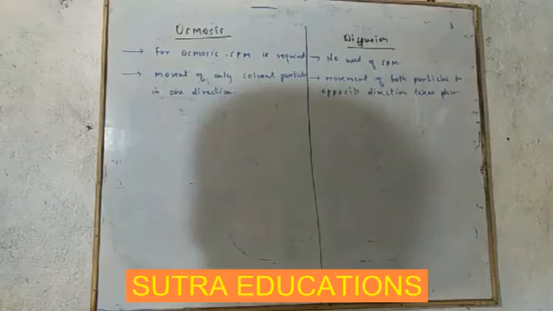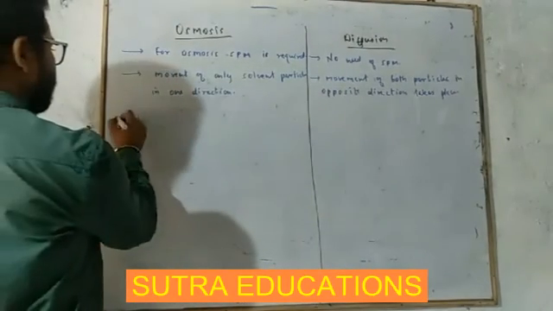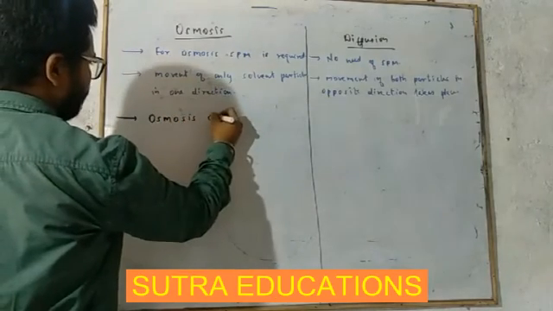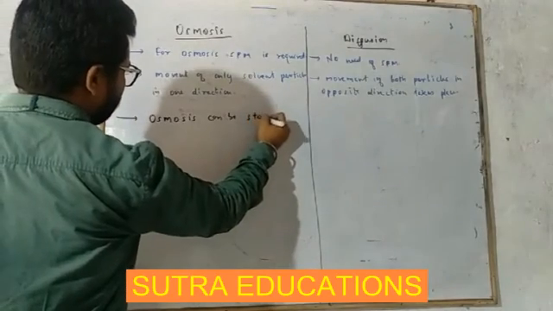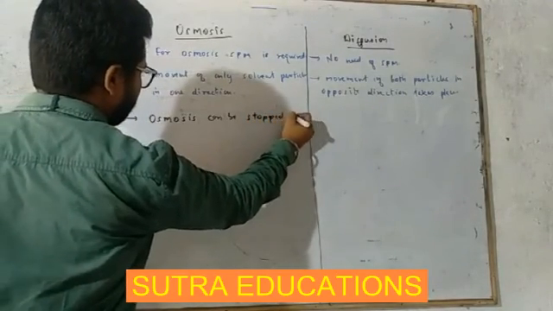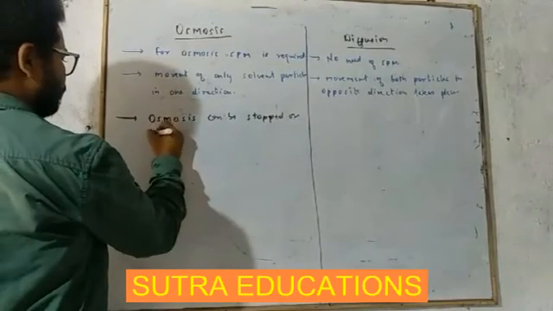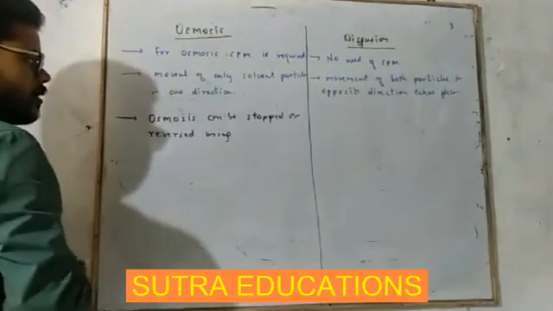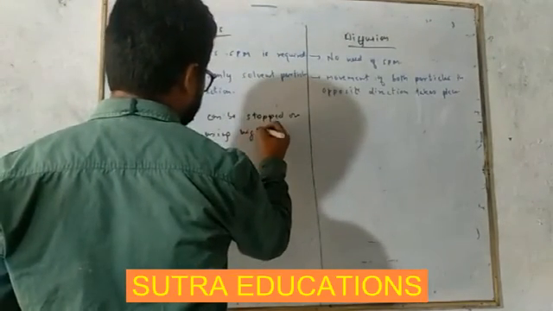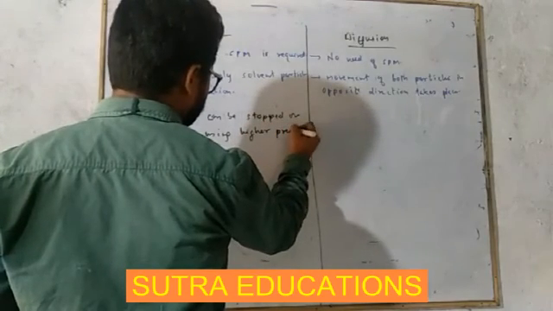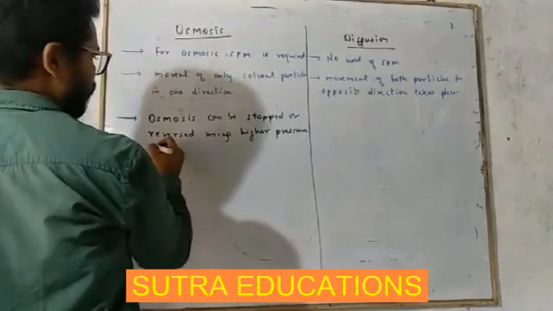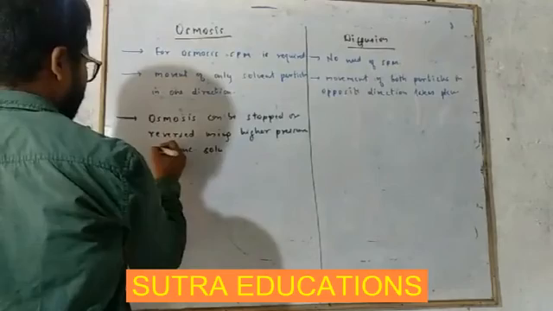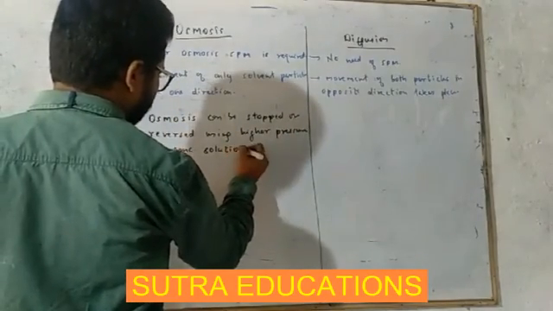Then the next point is osmosis can be stopped or reversed using higher pressure on the concentrated solution.